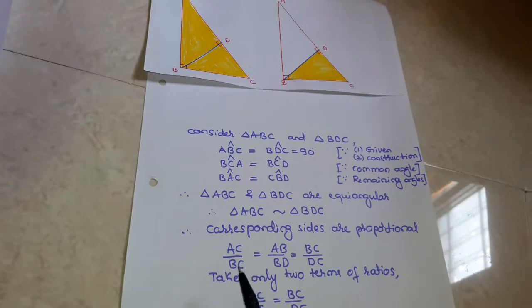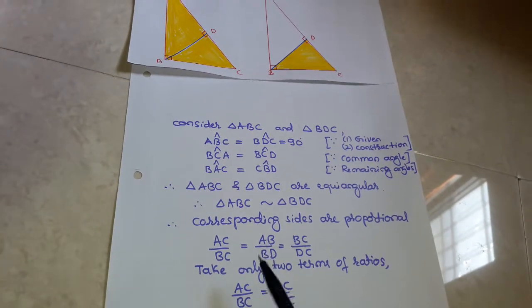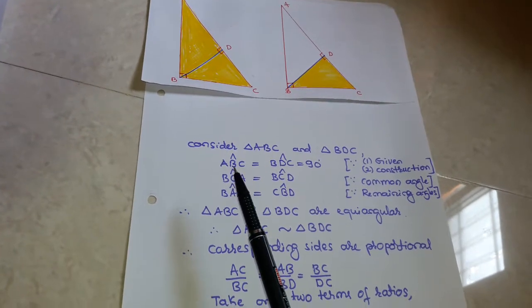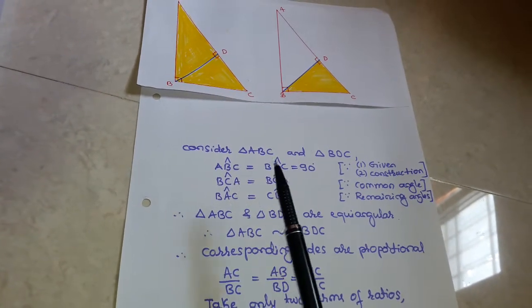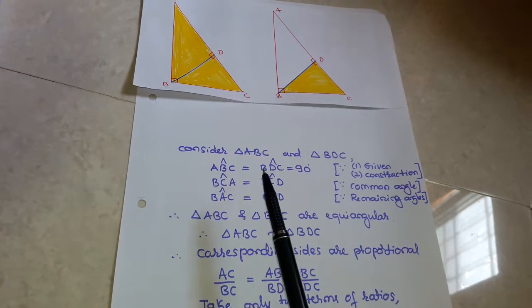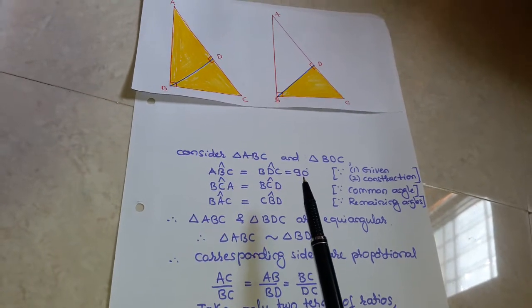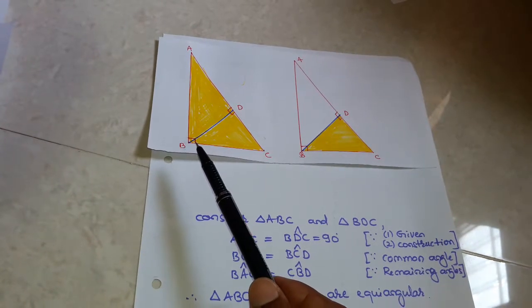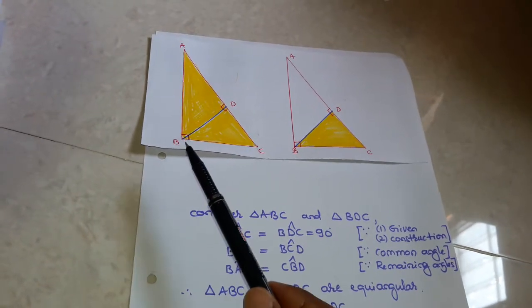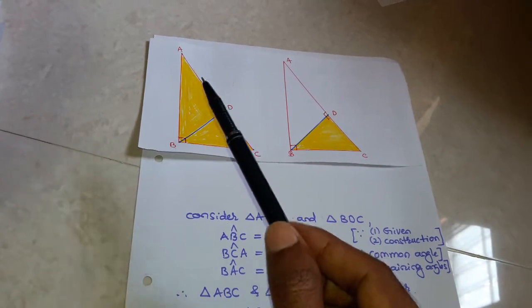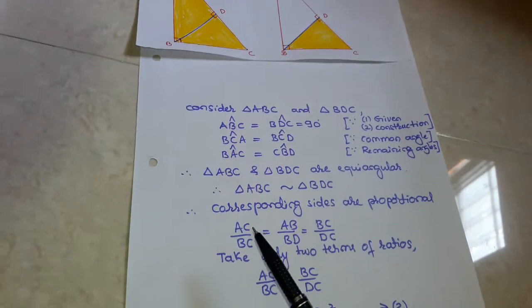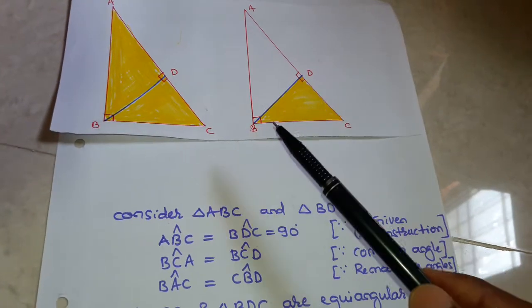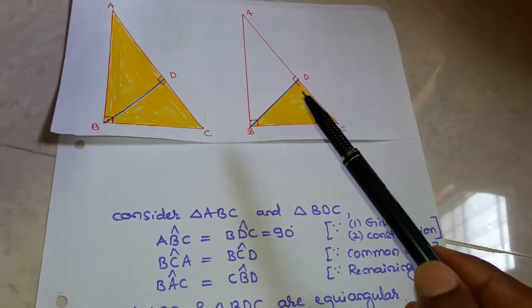So let's proceed to write the ratios of corresponding sides as equal. Let's make use of the angles that are equal because they are equal to 90 degrees. Here is the angle that is 90 degrees in the bigger triangle, angle ABC. Opposite of that we have side AC. 90 degrees is here, angle BDC in the smaller triangle.